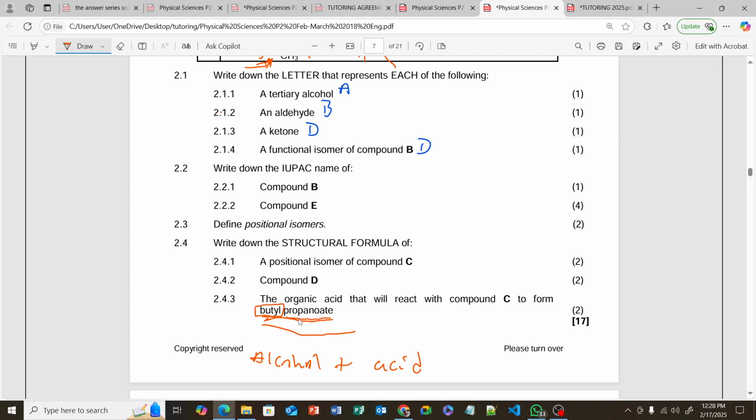So now we need to draw an acid with 3 carbons. So we move from propanol to propanoic. So what will it look like? It will look like 1, 2, 3, then double bond O and O, then H. So the acid will look like this. And this is the structural formula of propanoic acid.